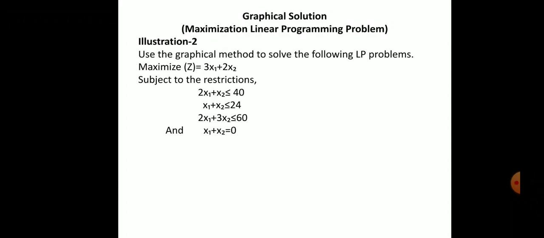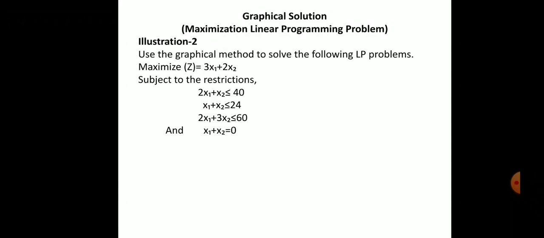Here x1 is product A and x2 is product B. Finally we have to find how many units of product x1 and how many units of product x2 we have to produce, using the graphical method.